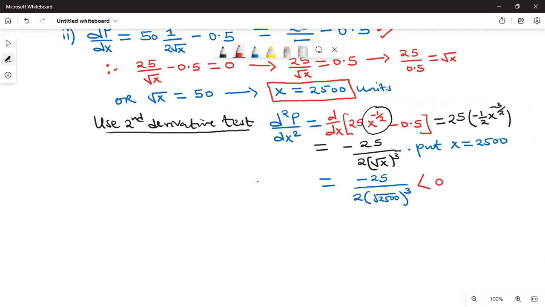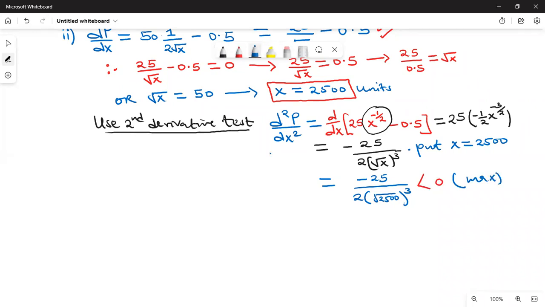So because it's less than 0, what does it mean? It simply means that the value of x that you got will give you the maximum profit. So this means maximum.